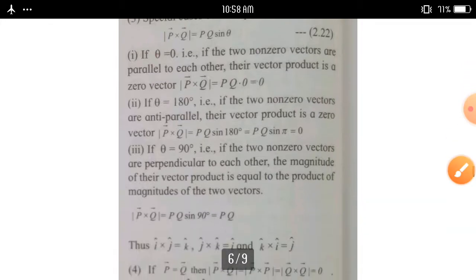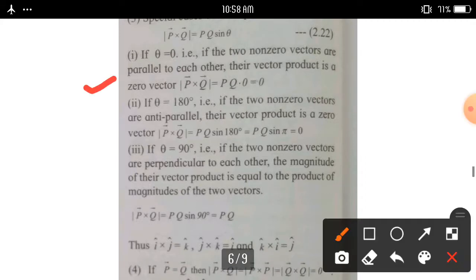We consider three cases. First case, if theta is equal to 0, that is if the two non-zero vectors are parallel to each other, therefore the vector product is a zero vector.